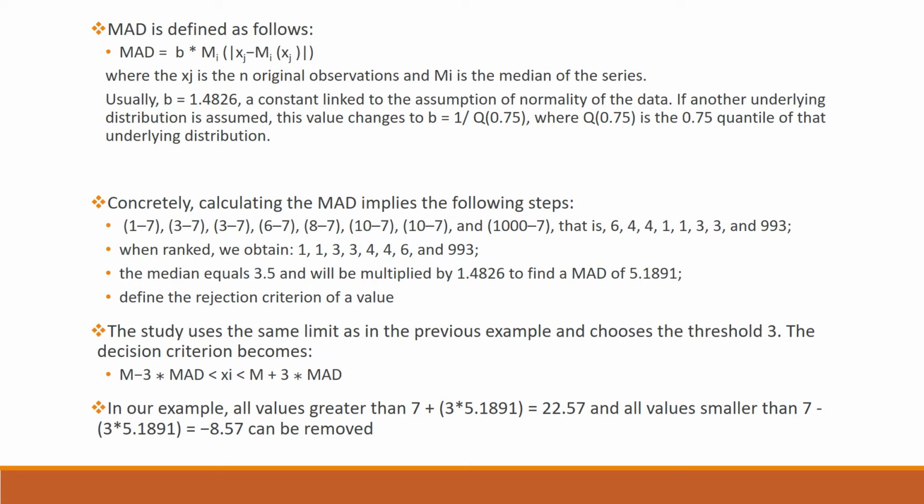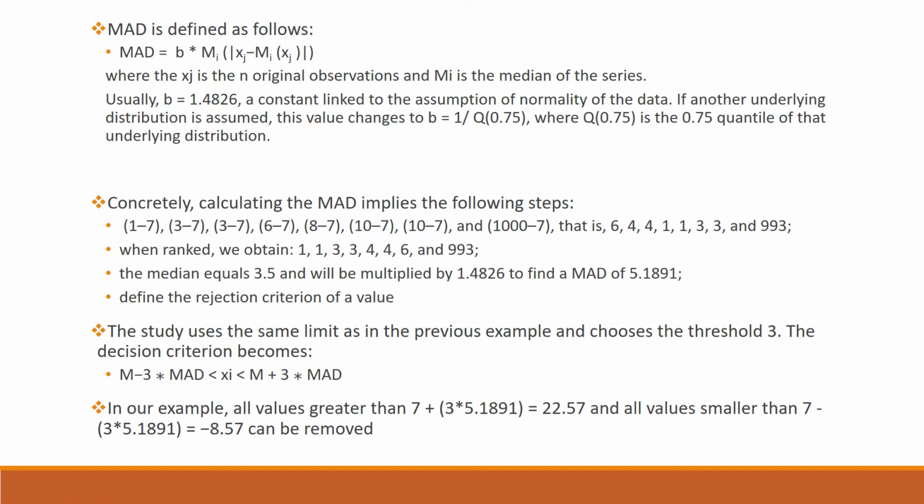When ranked, we obtain 1, 1, 3, 3, 4, 4, 6, and 993. The median equals 3.5, which will be multiplied by 1.4826 to find the MAD of 5.1891. And then we have to define the rejection criteria.